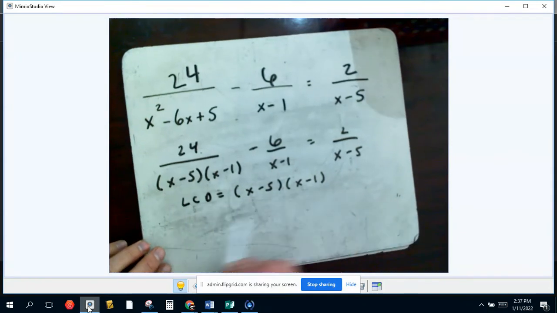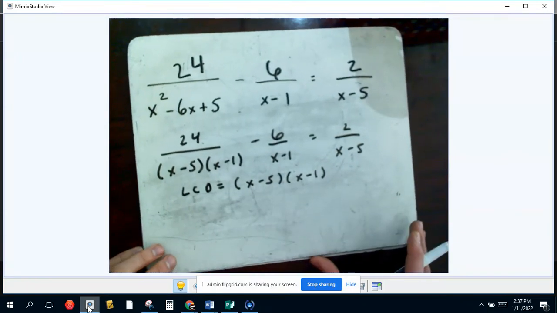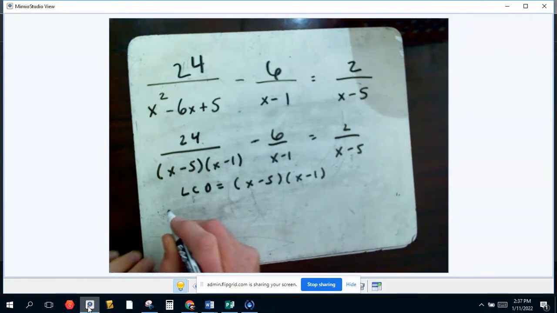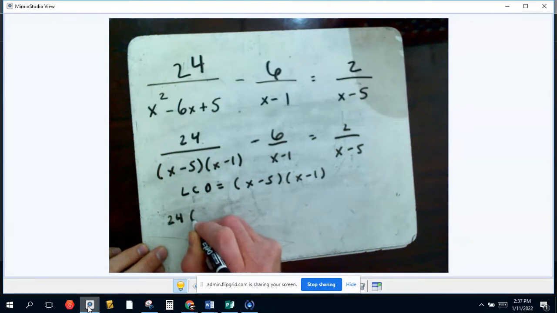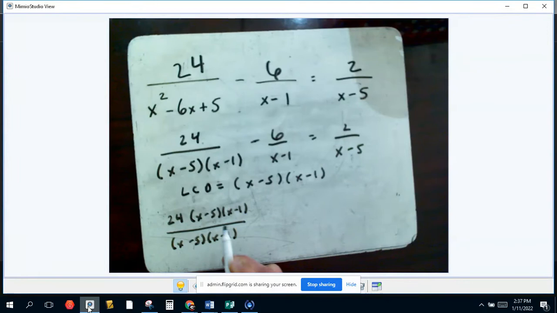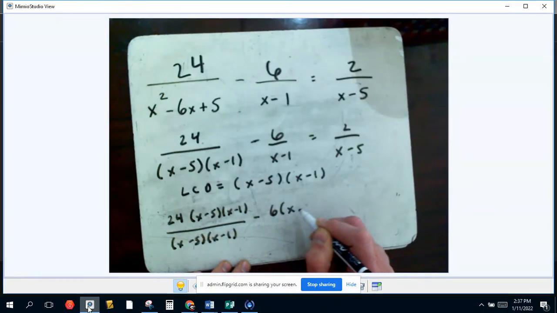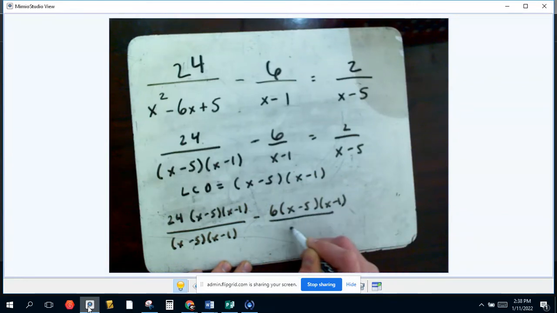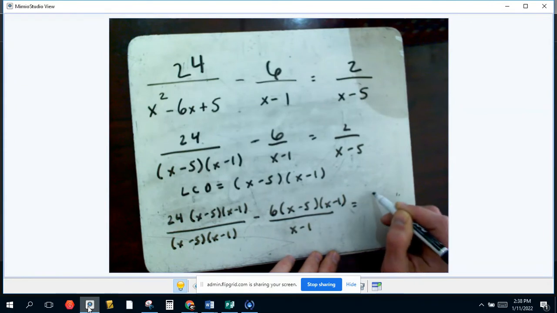Okay, so in this case, instead of cross multiplying, what we're going to do is multiply all three of these by that LCD. Okay, here's what it's going to look like. Now, 24, I multiply that times that fraction, and then 6 and 2.